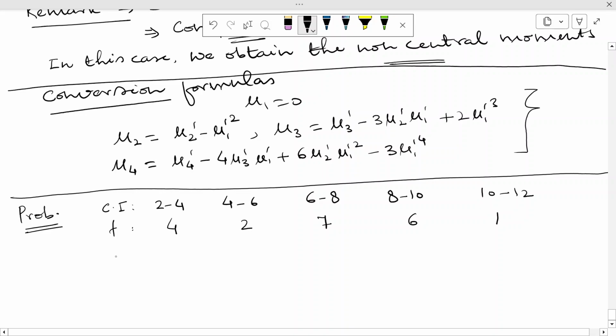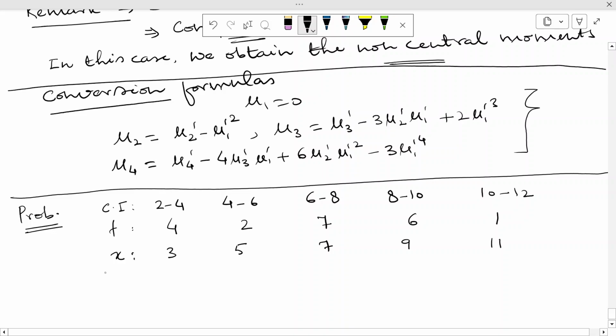In order to calculate the moments we need the observations, but we are provided the class intervals, so we obtain the observations by taking the mid value of each class interval. It comes out as 3, 5, 7, 9 and 11.